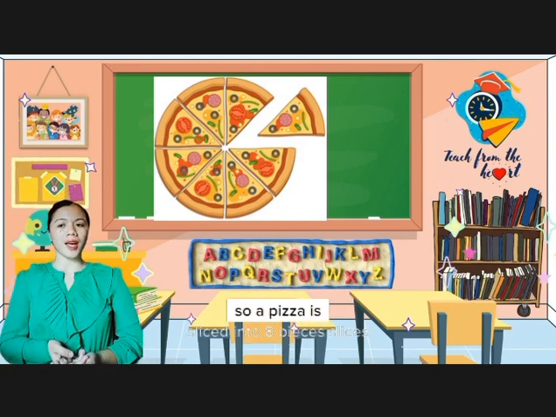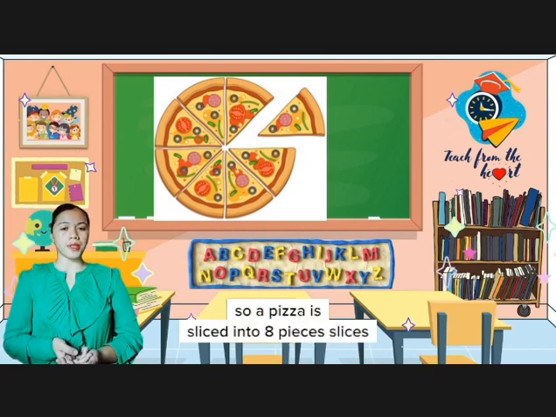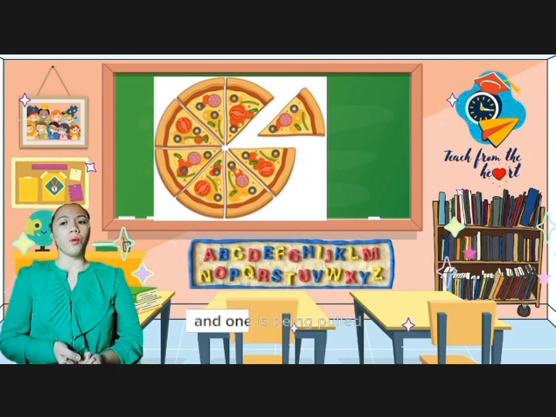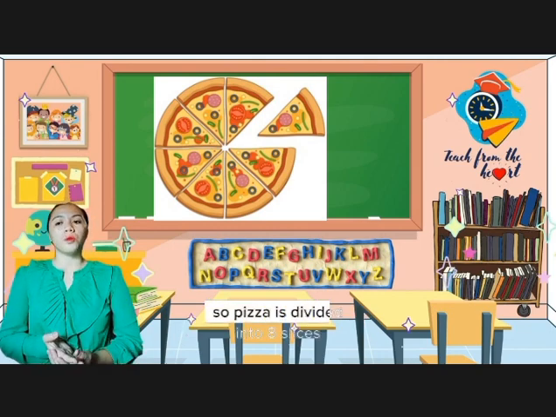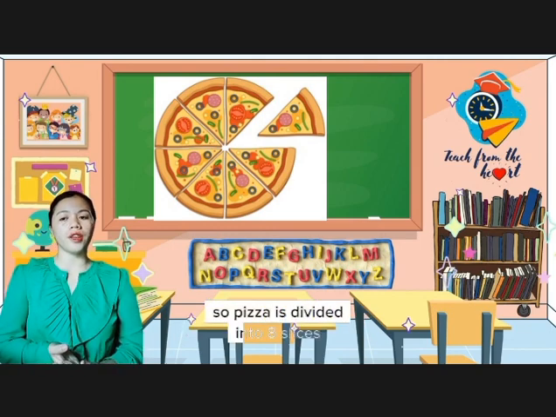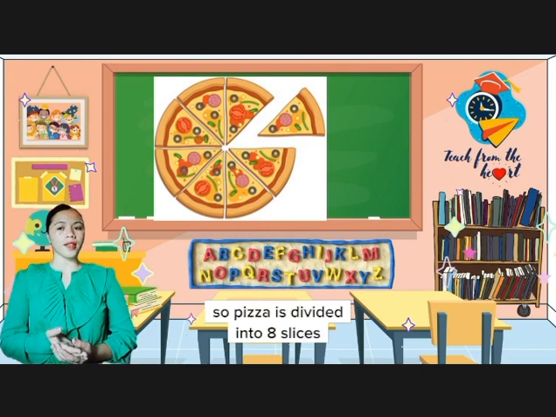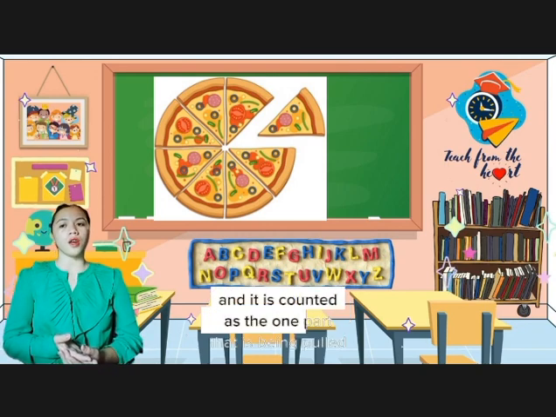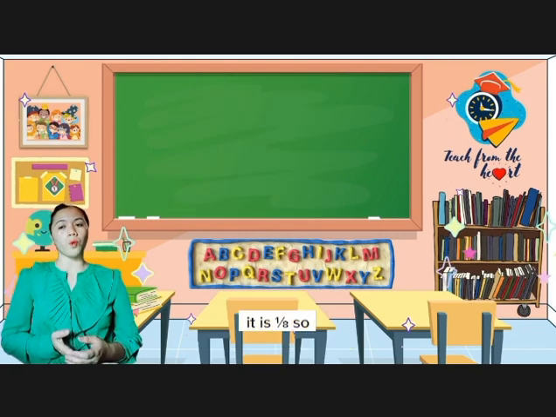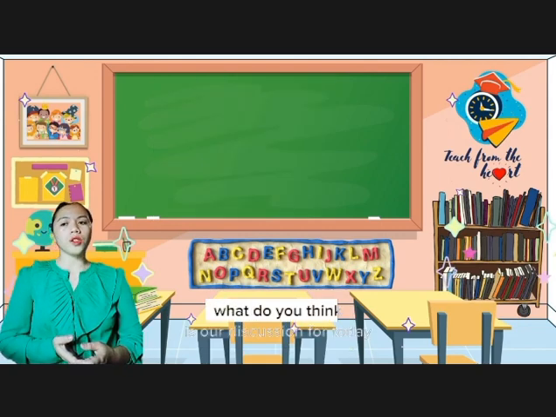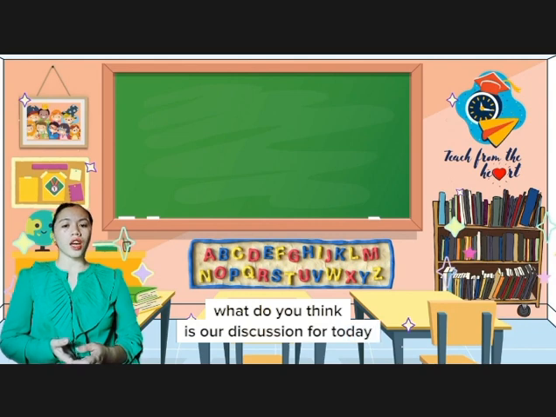The pizza is sliced into 8 slices and one is being pulled. The pizza is divided into eight slices and it is counted as the one part that is being pulled. It is 1/8. What do you think is our discussion for today?